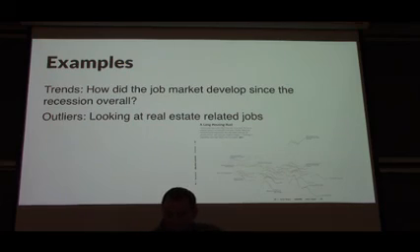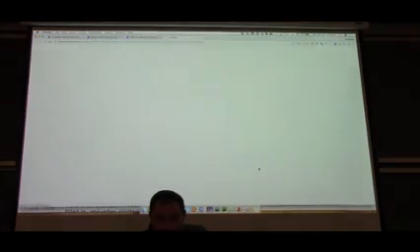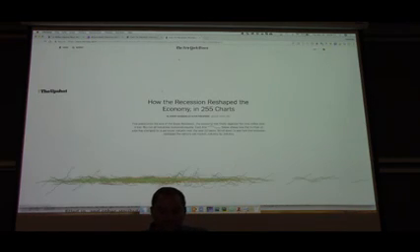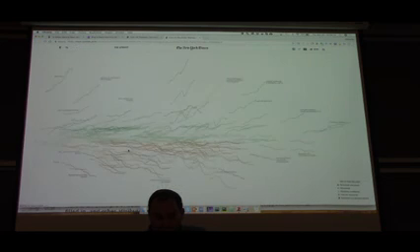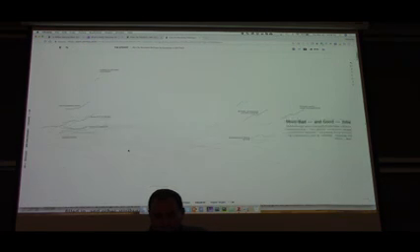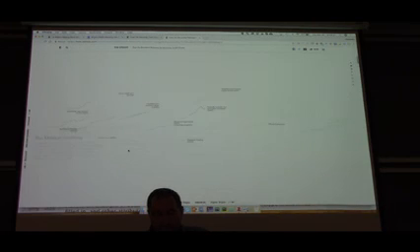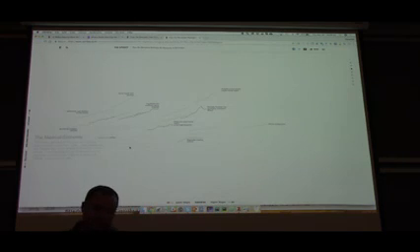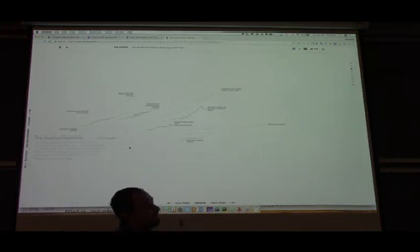So here is an example also from the New York Times, the housing bust. This is also a nice storytelling example, but in this case I really want to look at the tasks. We see what the impact of the housing bubble or the housing bust was on various jobs.